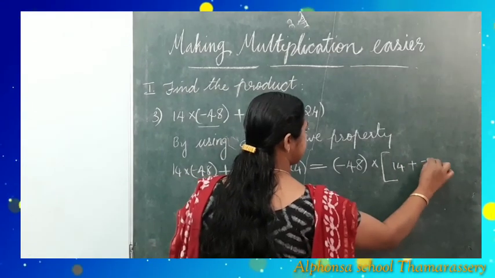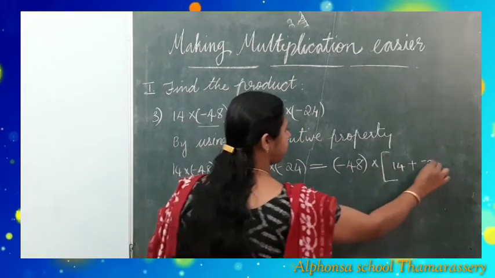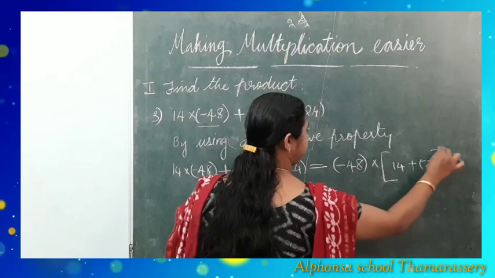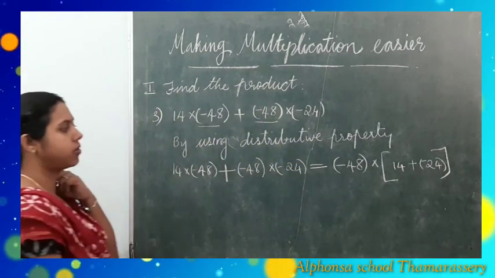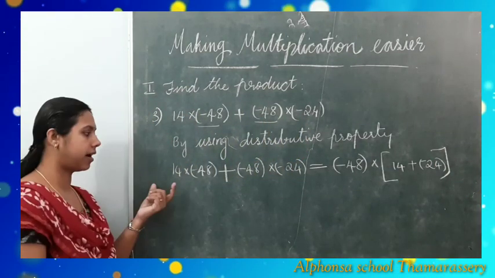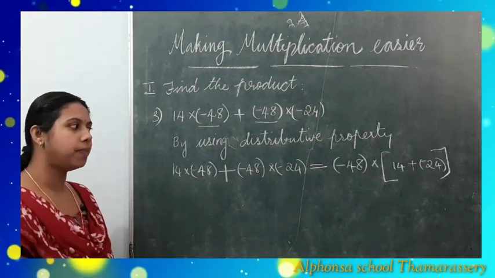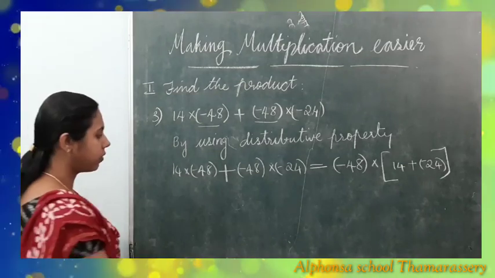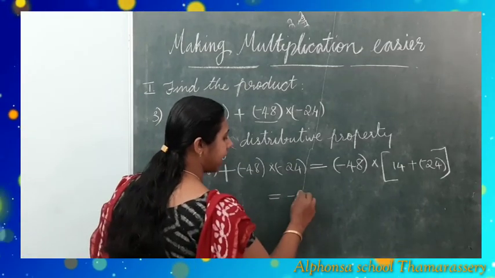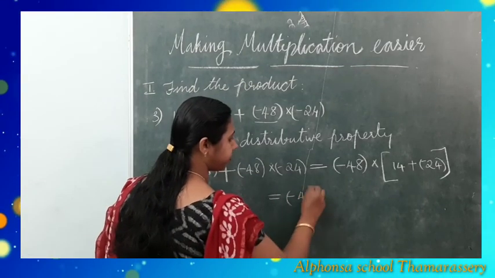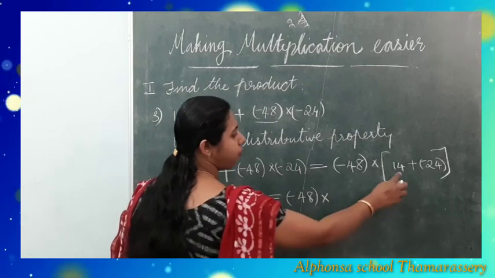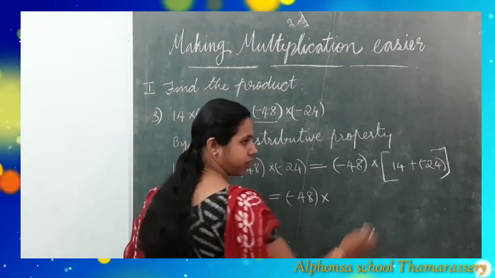Plus C. C is minus 24. Using the distributive property, we can write A into B plus A into C is equal to A into B plus C. So, which is equal to minus 48 into 14 plus minus 24.